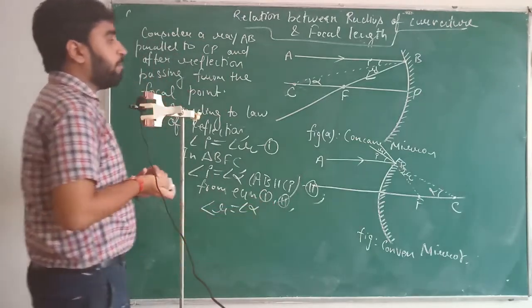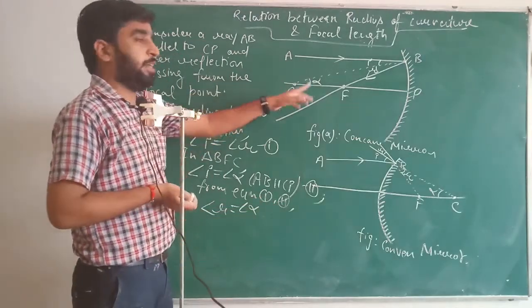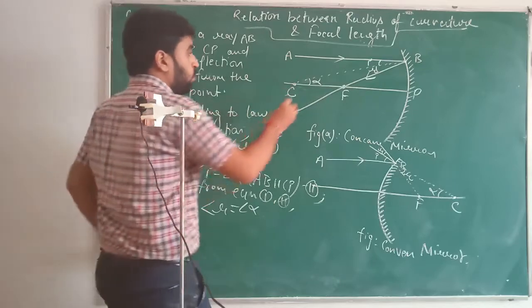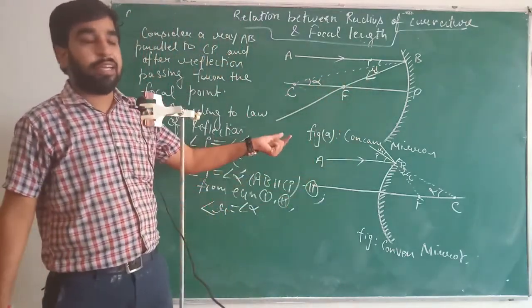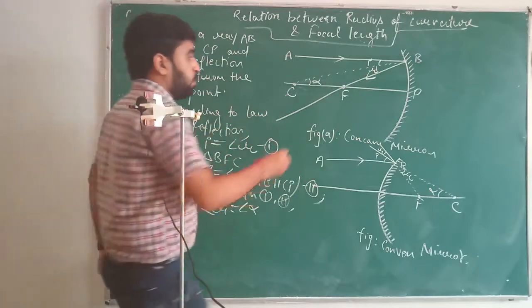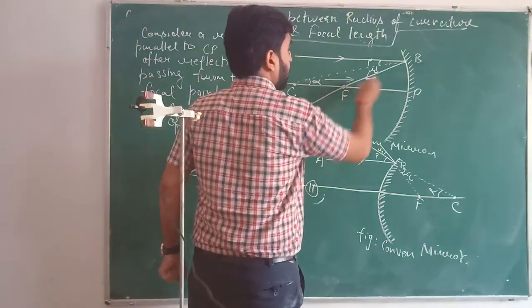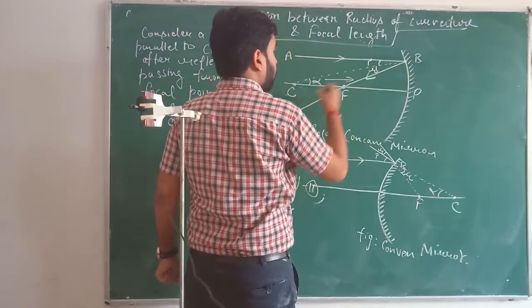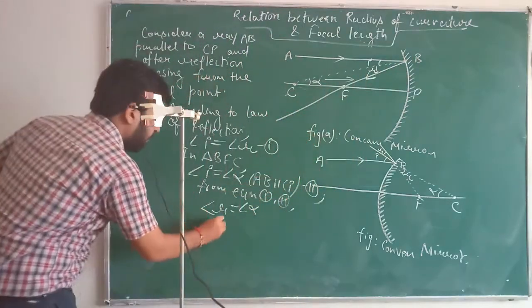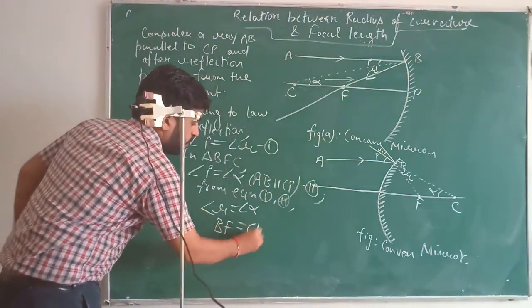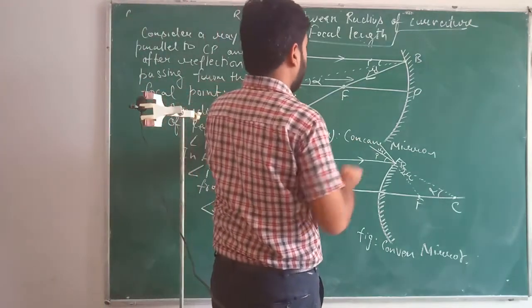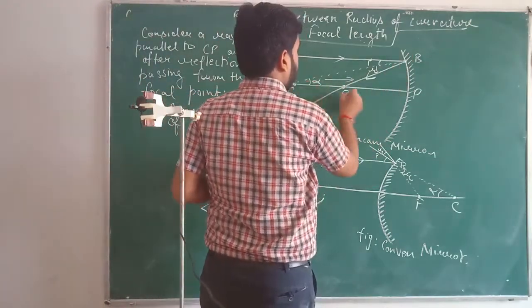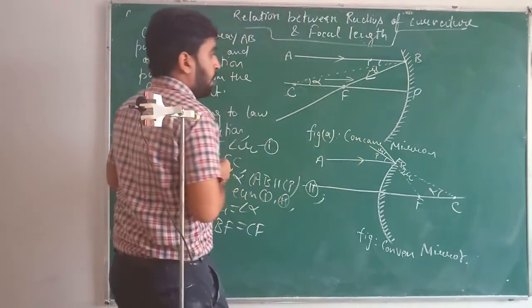Now in triangle BCF, if two angles are equal, then the sides opposite to these angles are also equal. Just opposite to alpha is BF, and just opposite to R is CF. So BF will be equal to CF. Very good.